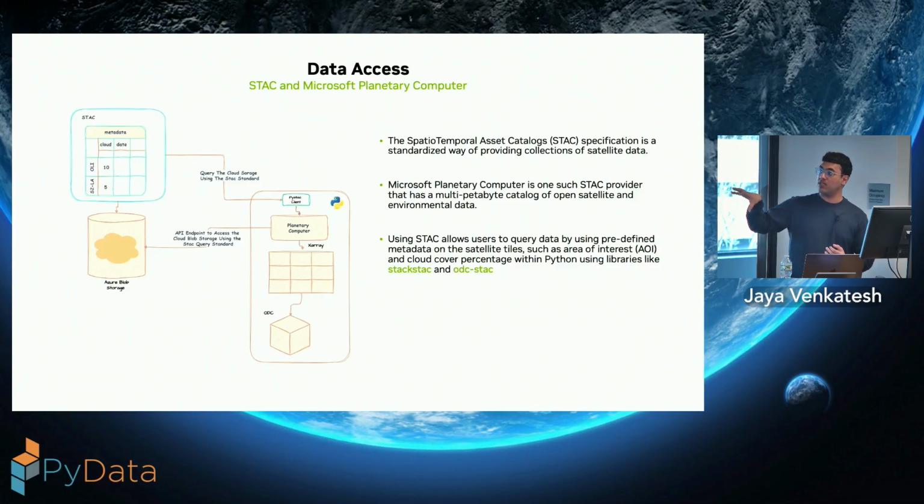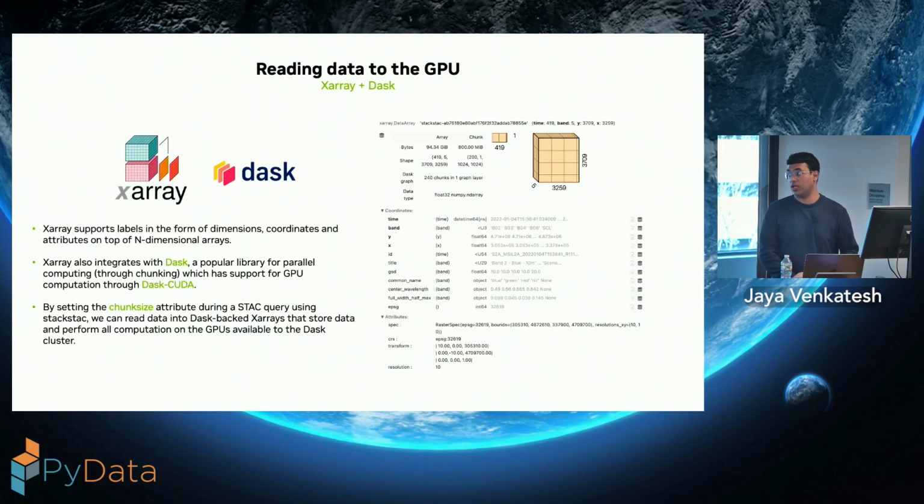And there are two Python STAC clients, stackstac and odc-stac. I would recommend stackstac, it is really good. Using stackstac, we can load all of the data from these tiles directly into Xarray. So what is Xarray? Xarray is essentially a library which allows you to add labels in the form of dimensions and coordinates to regular arrays.